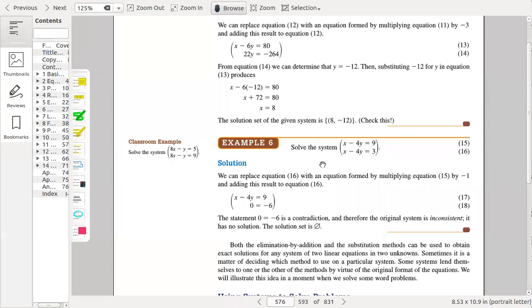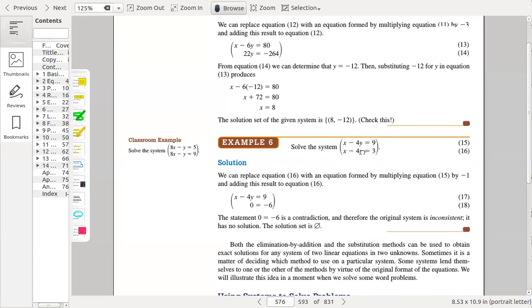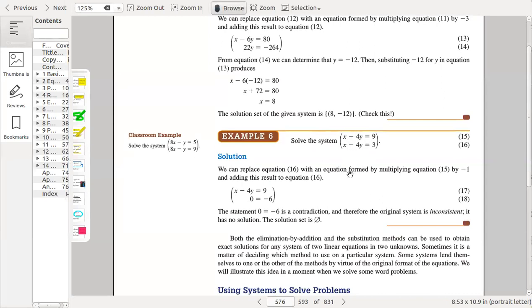we can solve the system of equations x minus 4y is equal to 9 and x minus 4y is equal to 3. On the left hand side, both left hand sides are the same. So we can replace equation 16 with an equation formed by multiplying equation 15 by minus 1 and adding this result to equation 16, then we will have 0 equal to minus 6.